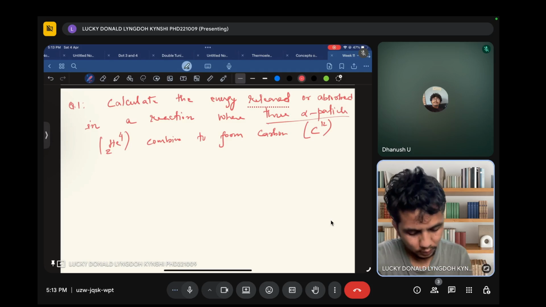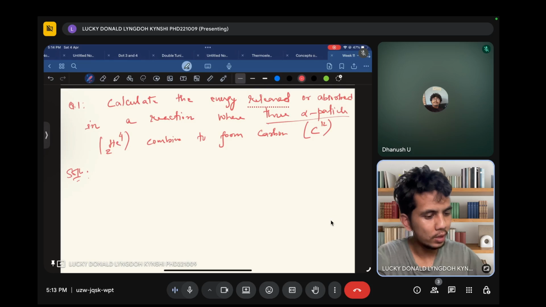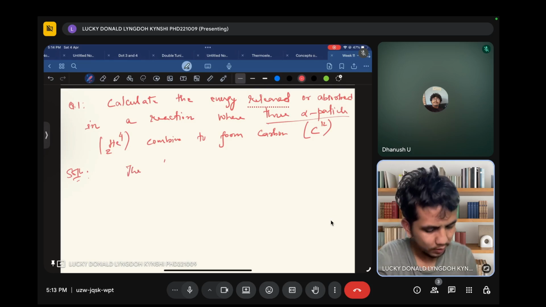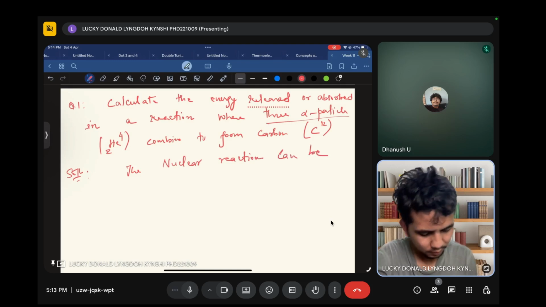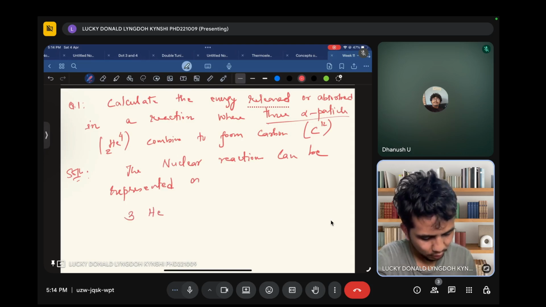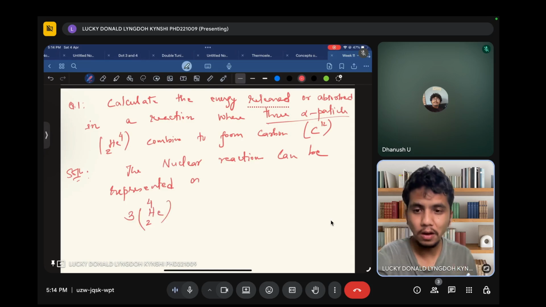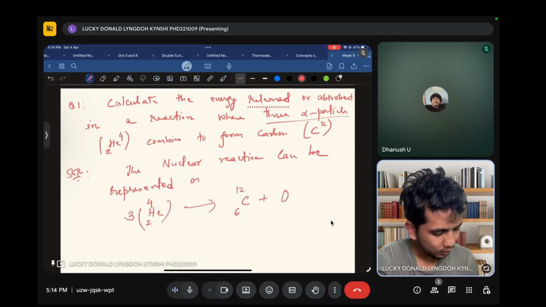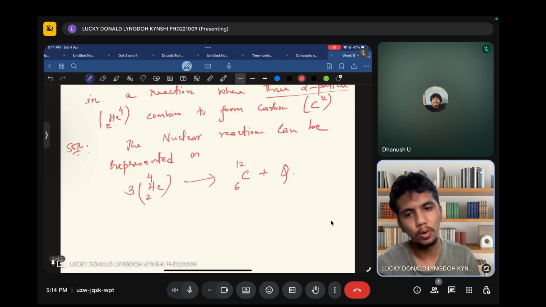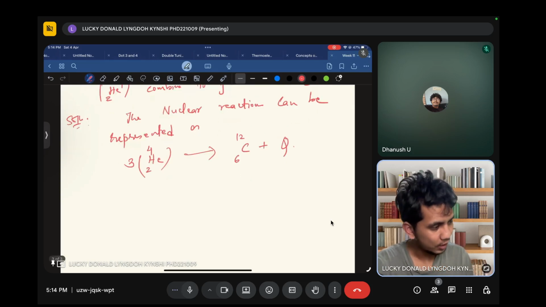If I want to write this, the nuclear reaction can be represented as 3 He-4, because there are 3 alpha particles, gives carbon-12 plus some energy Q. Q can be greater than 0 or less than 0.